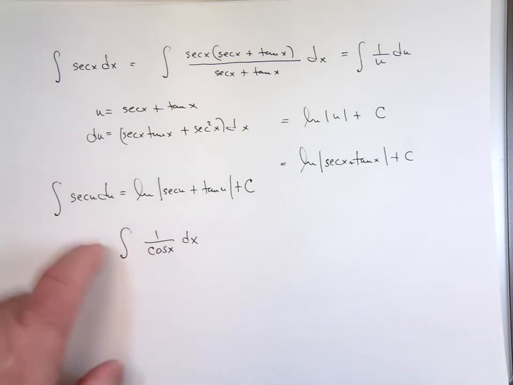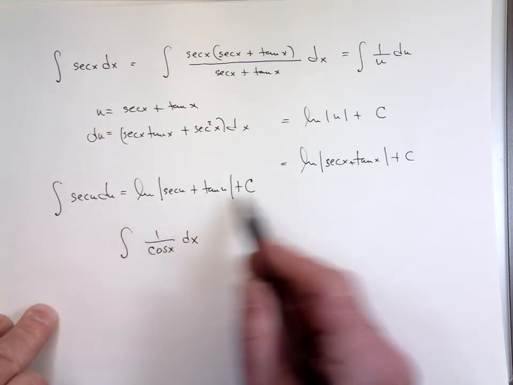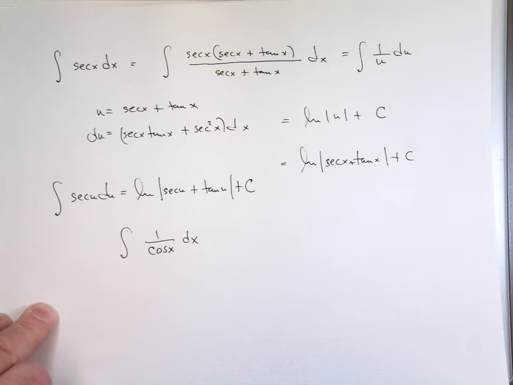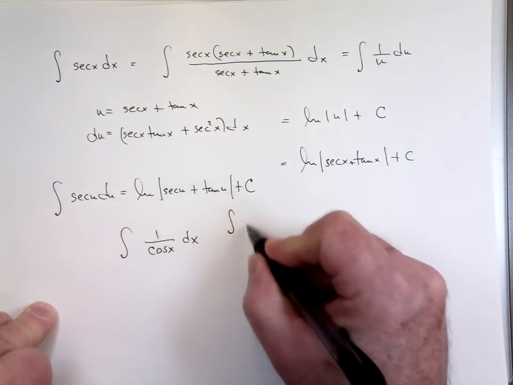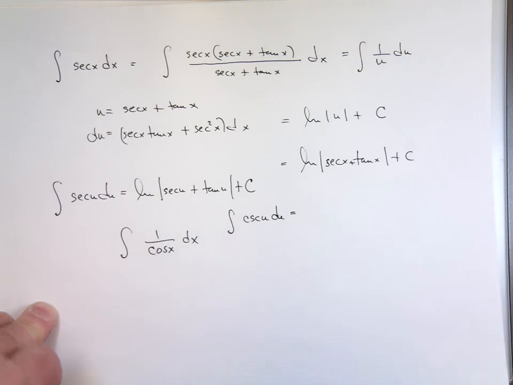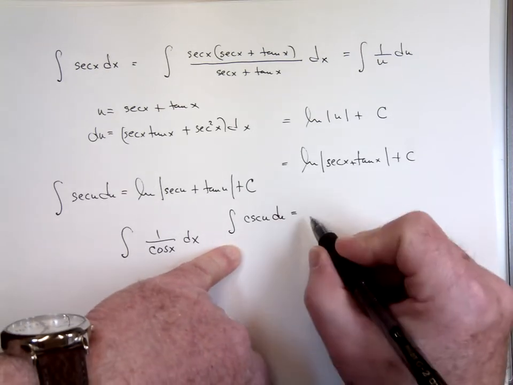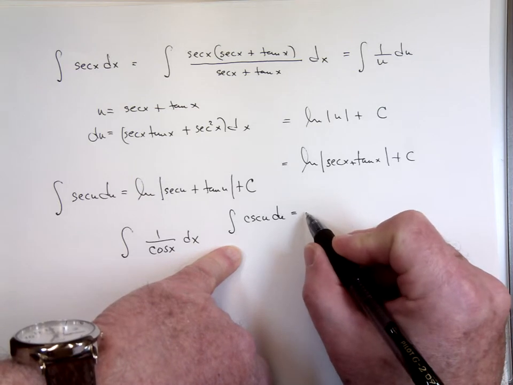So, this is another integration form. It also gives rise to the integral of cosecant u, which I'm never going to ask you. But what would the integral of cosecant u be? Would it be natural log cosecant cotangent? Yes, and it's a negative on the outside.